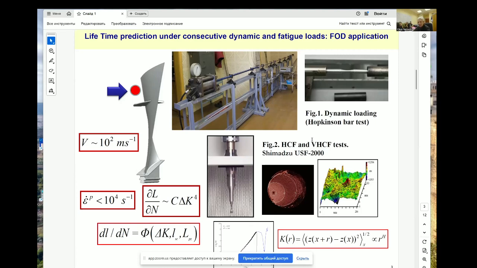And I would like to attract your attention again that dynamic loading with characteristic strain rate less than 10 to the 4 is like quasi-static loading. It means that we can use, like in quasi-static, this parameter as residual stress that is typical for quasi-static and dynamic loading.